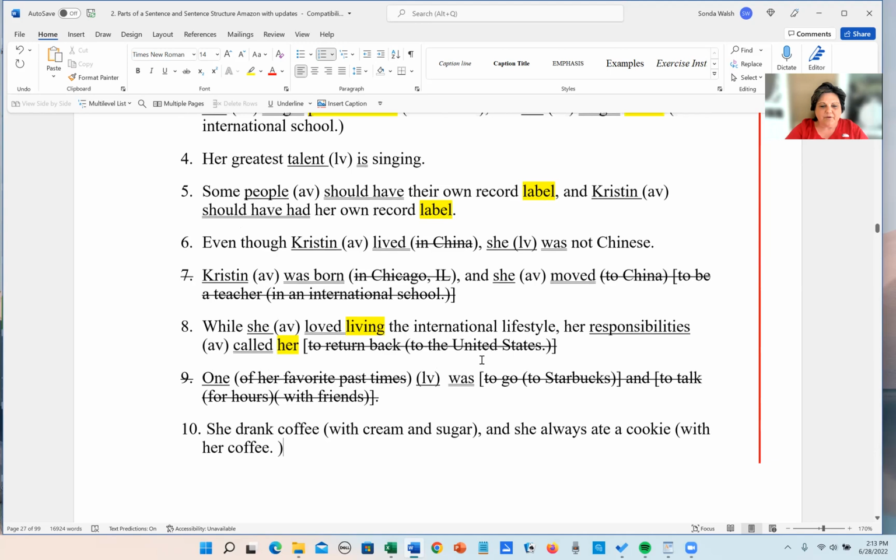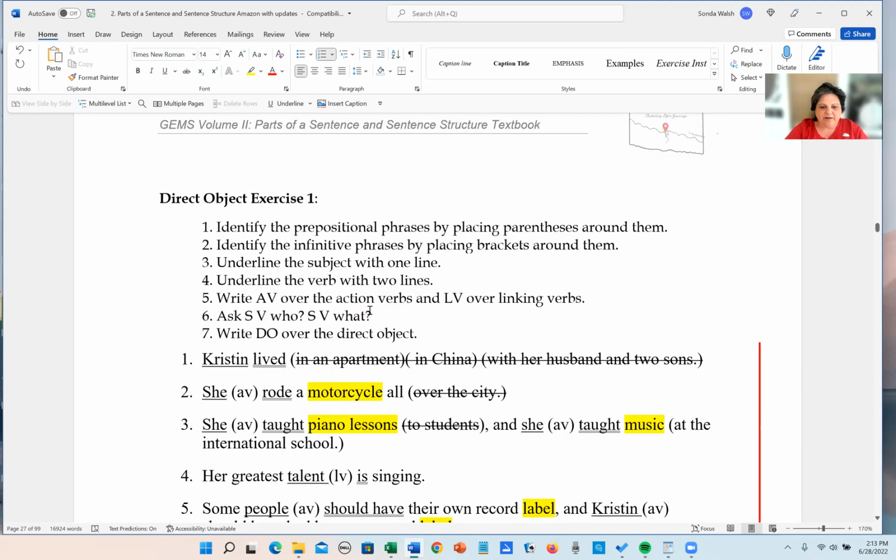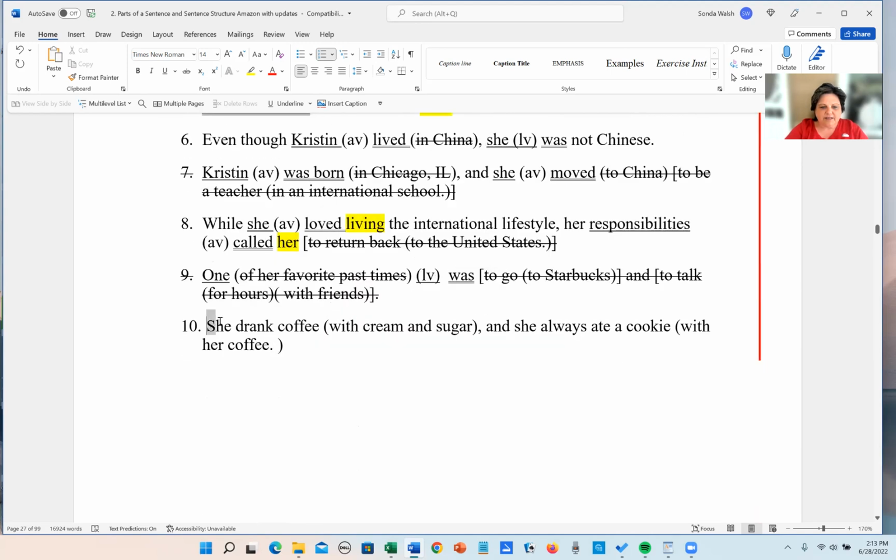Did you? Nope, no infinitives. So underline our subject once. So she is our subject. We're going to underline that once. And here is she. Underline that once. And I'm going ahead and put a line through this so that you know that we won't find our subject or our predicate, or our direct object in a prepositional phrase.